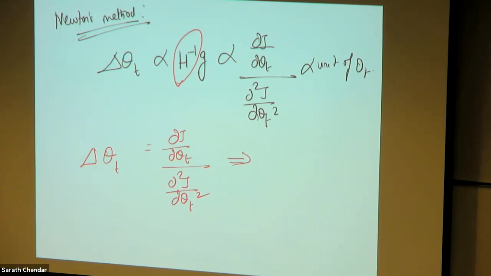So this is going to be 1 over dou square J by dou theta t square is equal to del theta t by dou J by dou theta t. Is that clear? I have just jumbled the fractions.